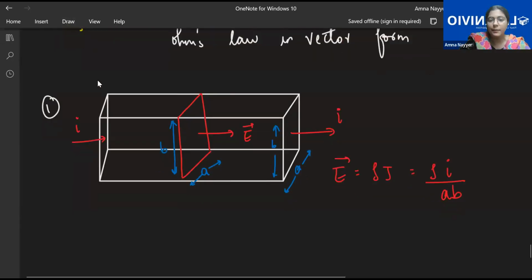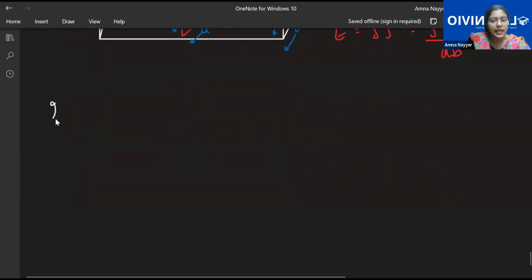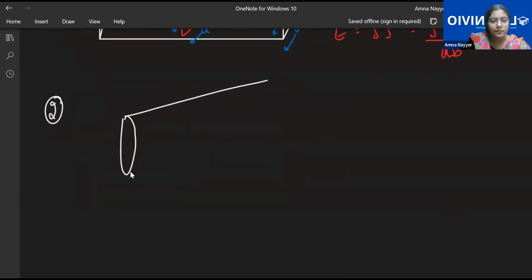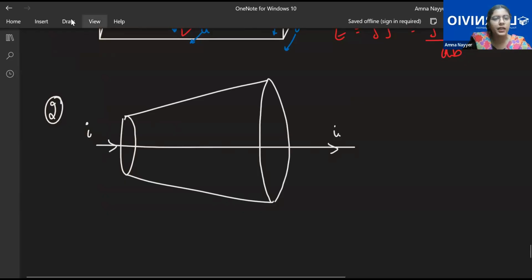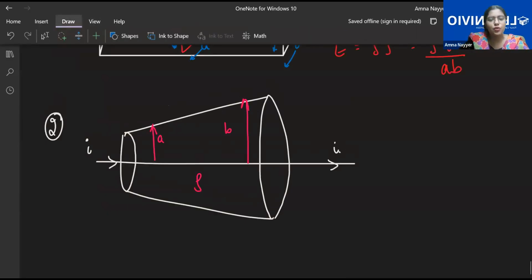We did it for unequal pipes as well, right? Second is when we did it for an unequal pipe. Let's say some I amount of current is flowing, and here the radius is, let's say, A, and the bigger one has the radius B, the same thing which we took earlier as well. And resistivity is rho.